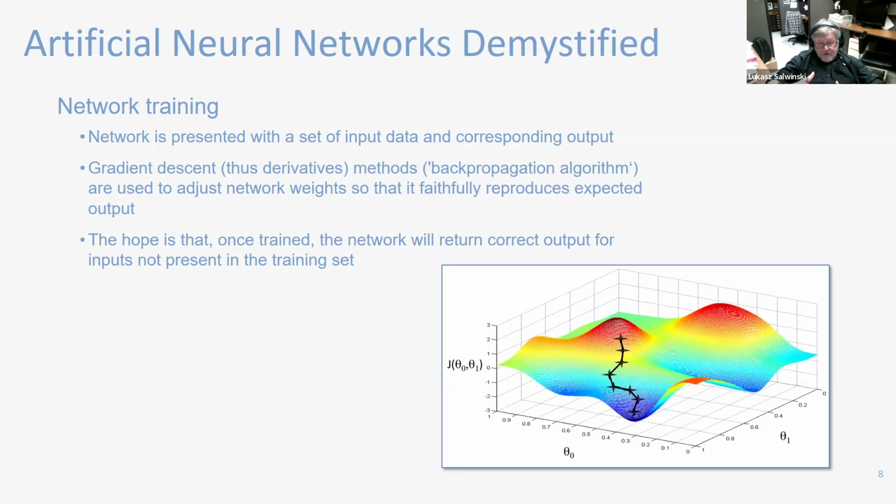The hope is that once we do it for the training set, if we then present the network with data that it didn't use for training, the result will correspond to whatever we expect for the unknown case. And that's a very generic description of what's happening with neural nets in particular cases. Oh, one more thing.